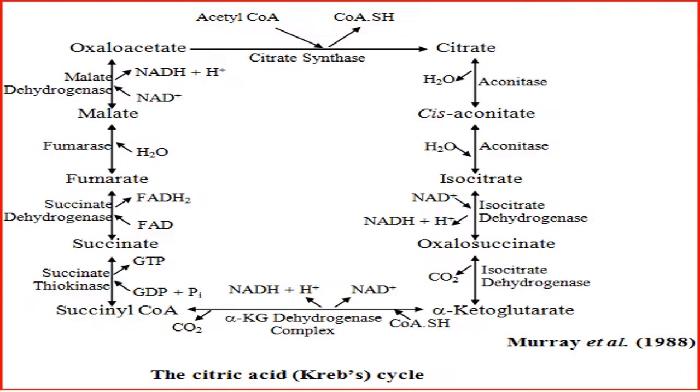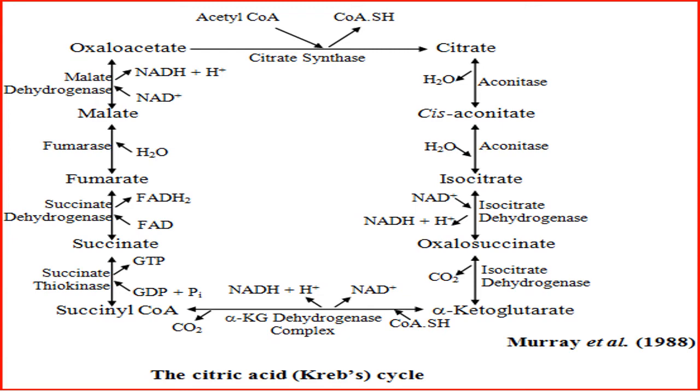This is a complete cycle picture. Acetyl-CoA enters into the cycle and is converted into citrate after combining with oxaloacetate. Then this citrate is converted into cis-aconitate, which is converted into isocitrate. Isocitrate is then converted into oxalosuccinate and then alpha ketoglutarate.